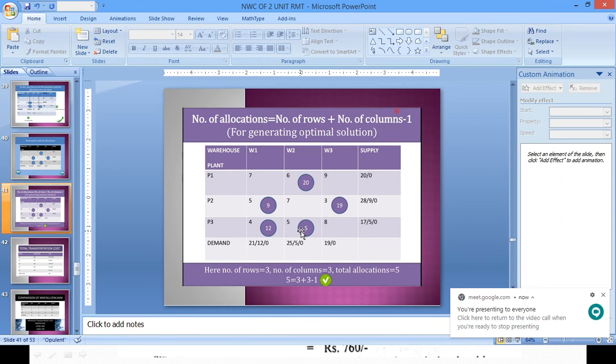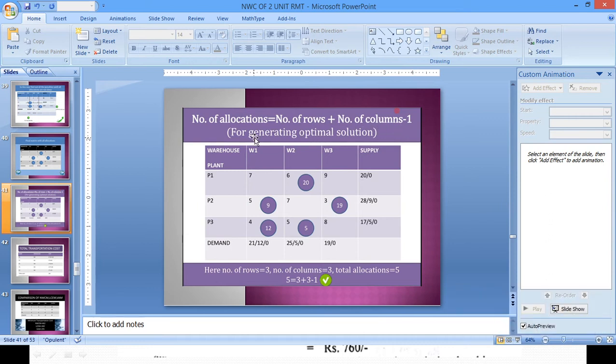After finding this, you need to find the allocated cells. This is the number of allocations. Number of allocations equals number of rows plus number of columns minus 1. You have number of rows 1, 2, 3. Number of columns 1, 2, 3. So number of rows plus number of columns is 6. Minus 1 is 5. Check 1, 2, 3, 4, 5.